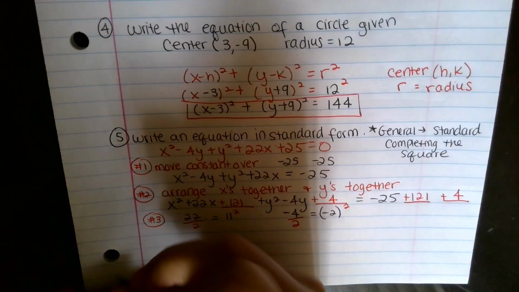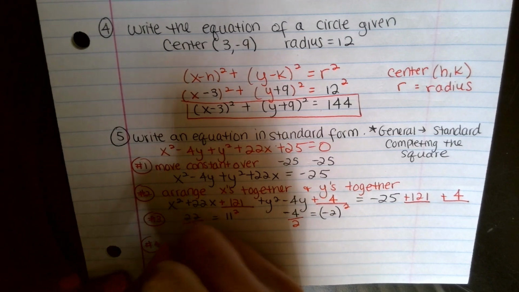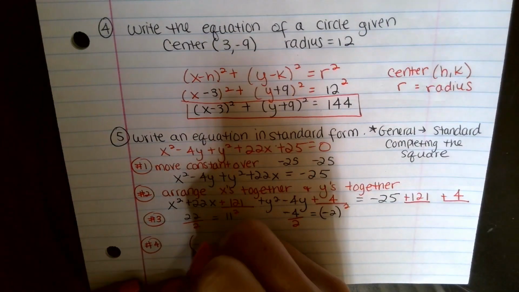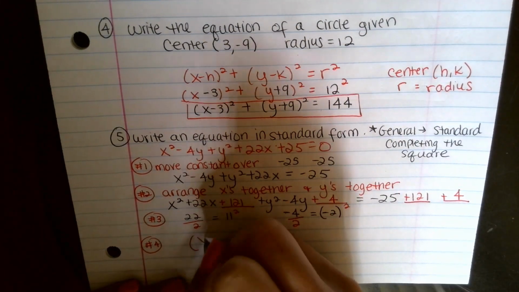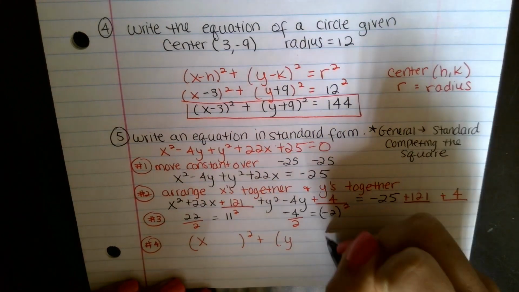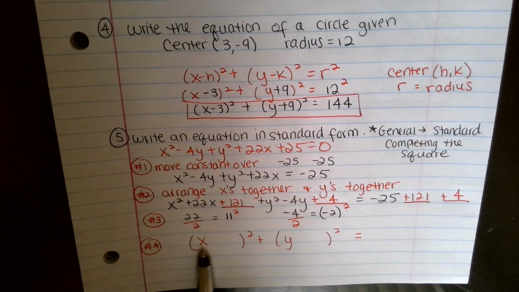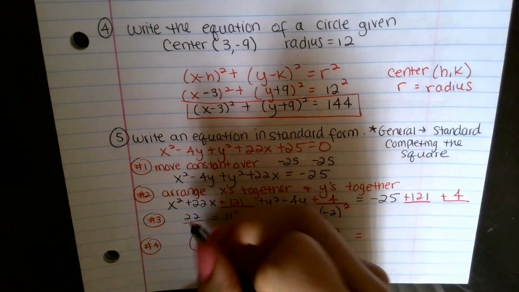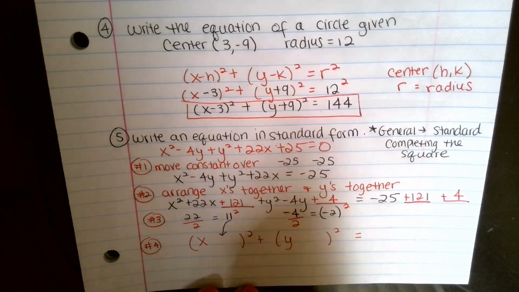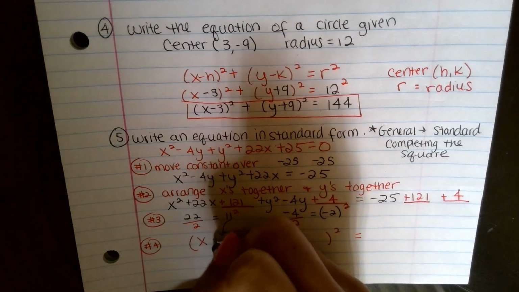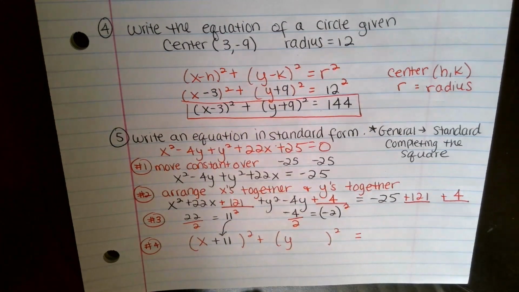And the final step, whatever I'm writing in red is always your final step. We want it in standard form. So what's in red is always what you're going to have. So what goes next to x? It's the half, the number you took. So half of 22 was 11. The half goes in here. It's a positive 11.